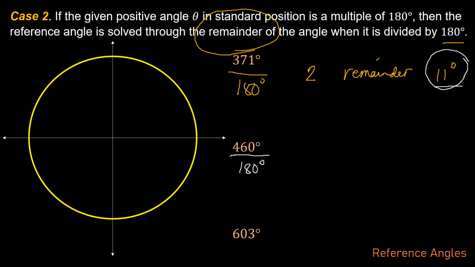Okay? What about here in 460 degrees divide mo yan sa 180 degrees? Bibigyan ka niya ng 2 as a whole number quotient, pero ang kanyang remainder is 100 degrees. Ngayon, this 100 degrees ay makikita mo sa quadrant 2. Treat mo siya as found on quadrant 2.